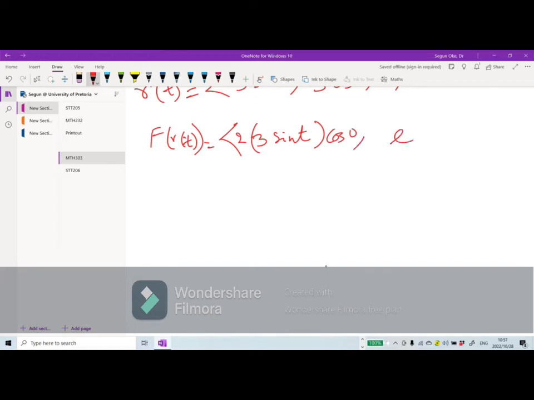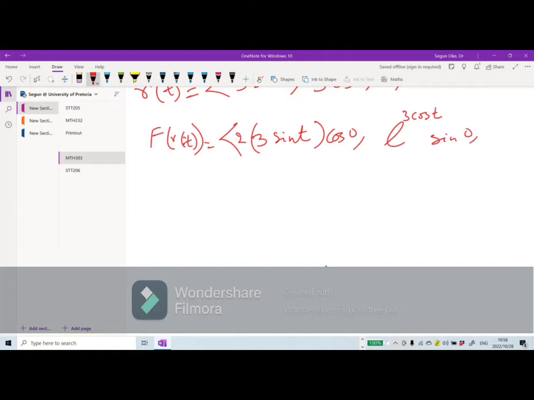Then we have e raised to power 3 cos t, then sin 0.